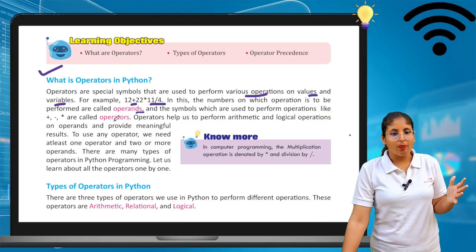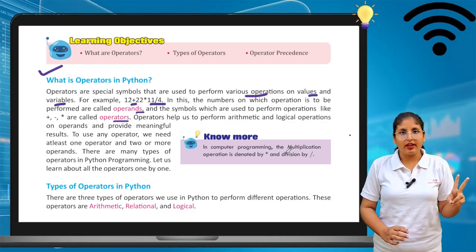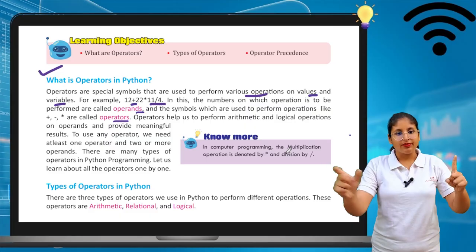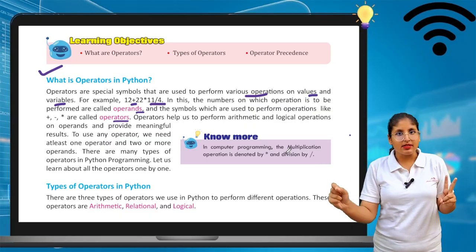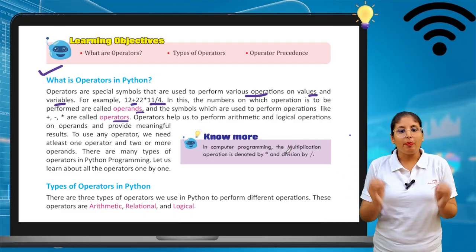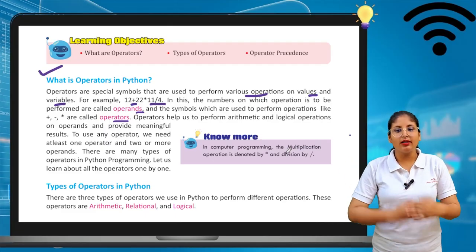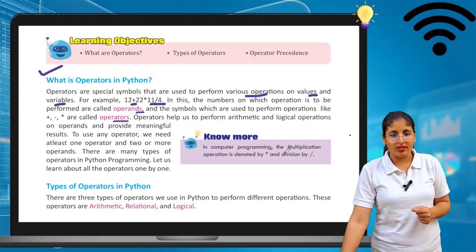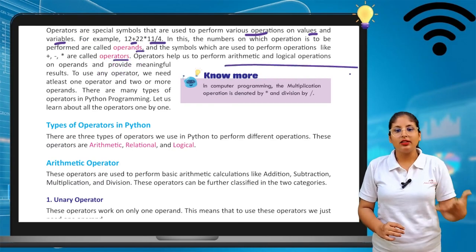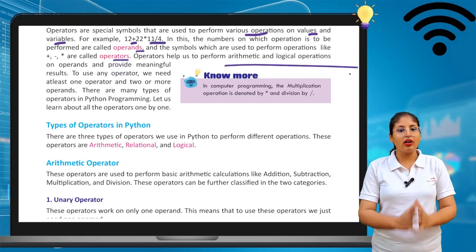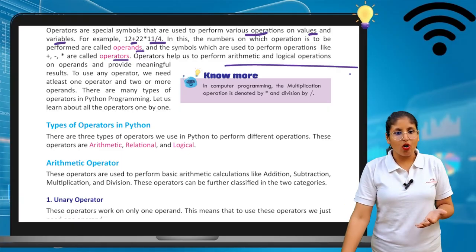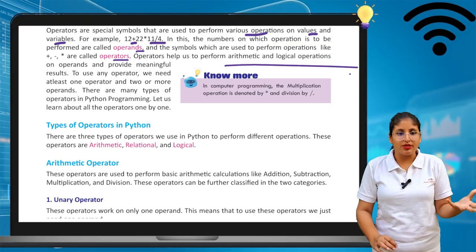So operands are the numbers, and operators are the symbols like plus, minus, multiply, divide.